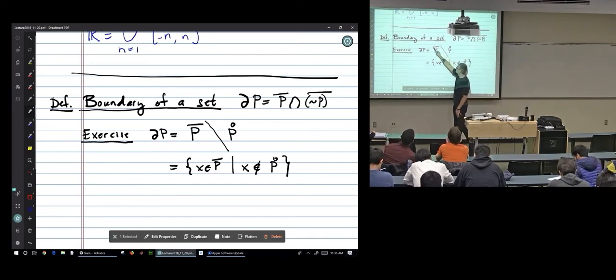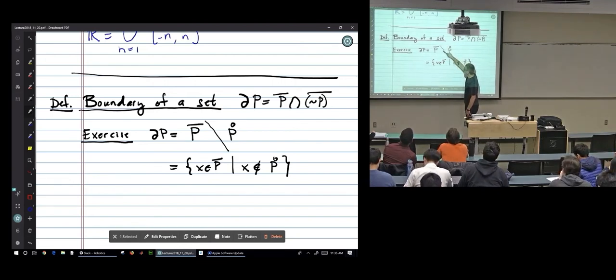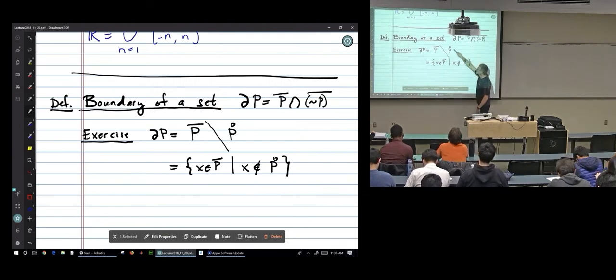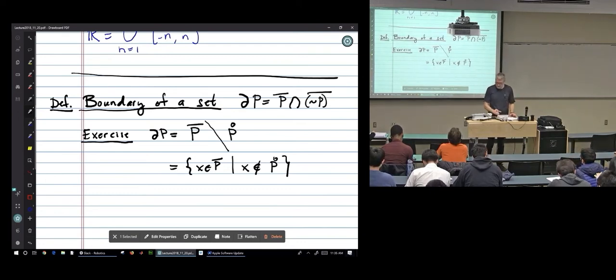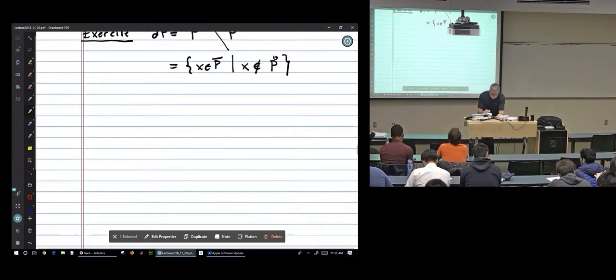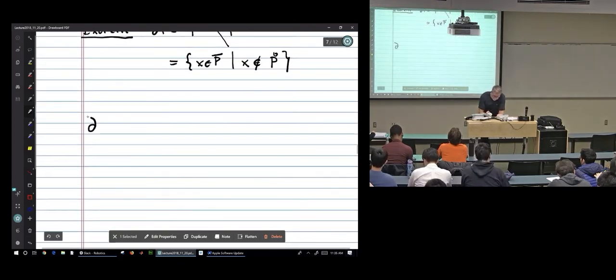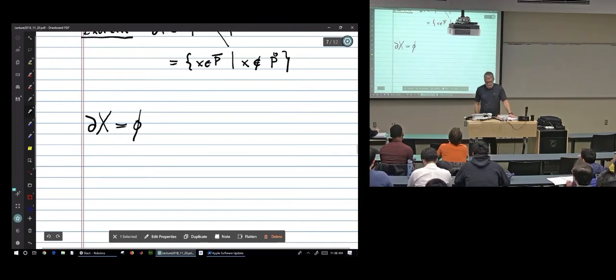Every set has a closure. Every set has an interior. We can take it away. Now, it is possible that the boundary is the empty set. Maybe that was your question. Yeah, so it still exists, but it's the empty set. So the boundary of the entire space would be the empty set, okay?